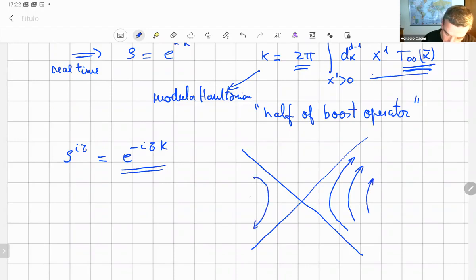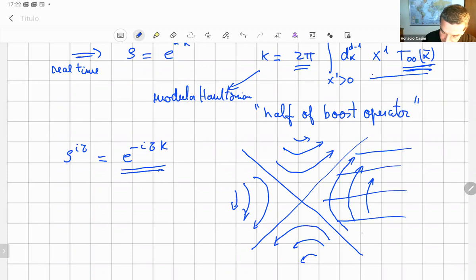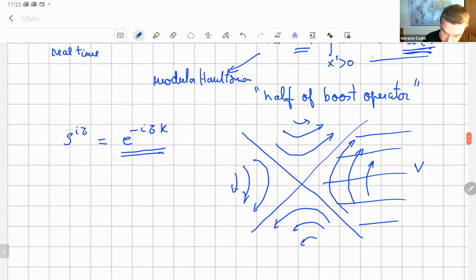So the modular flow moves operators along the boost orbits. And here, this operator will make the transformation on the algebra, the original algebra, the algebra of region B, which was the Rindler wedge, but it can be extended if I put here the full boost operator. Can be extended to all Minkowski space.